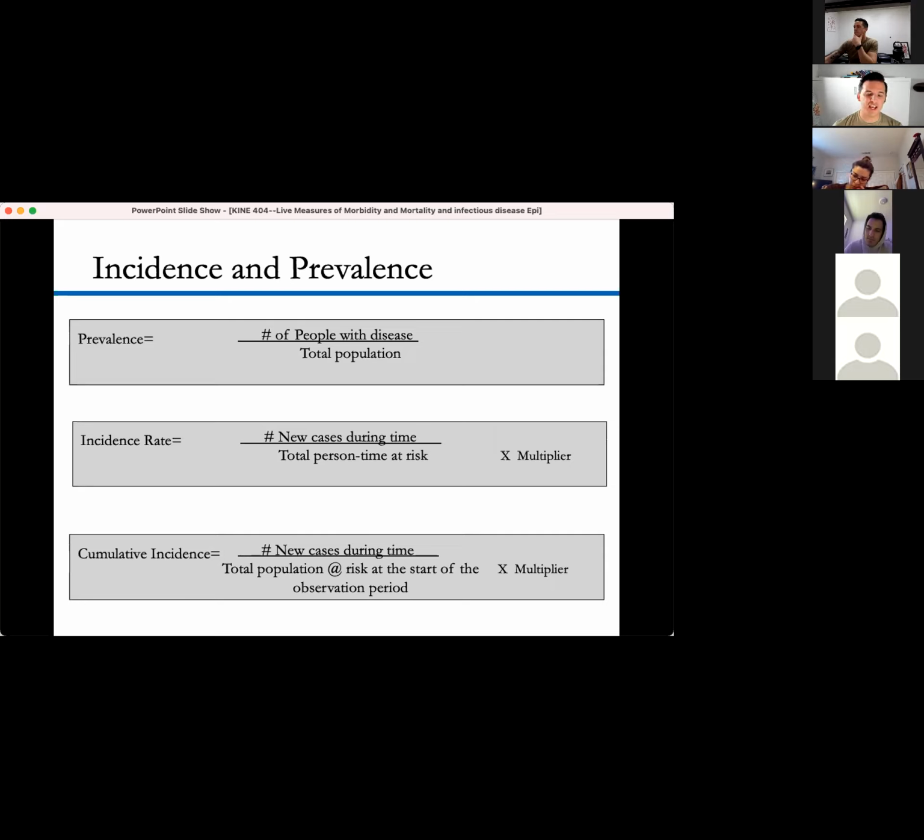So that definition of what it means to be at risk for a disease becomes an important part of our calculation for incidence. When you're calculating either incidence rate or cumulative incidence, think about what it means to be at risk for disease.